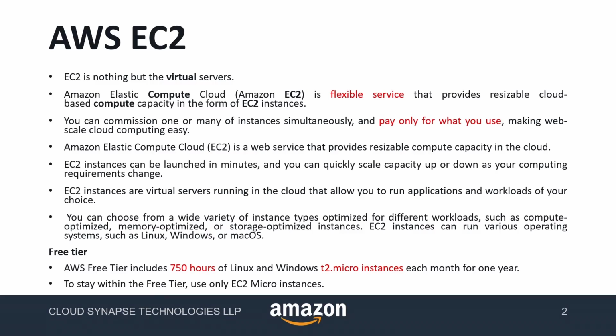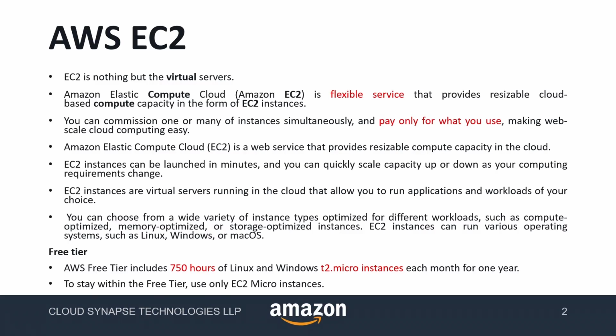EC2 is a web service that provides resizable compute capacity. We can launch instances in minutes, and we can quickly scale up or scale out at any point of time. These are virtual servers running in a cloud that allow you to run applications and workloads of your choice.